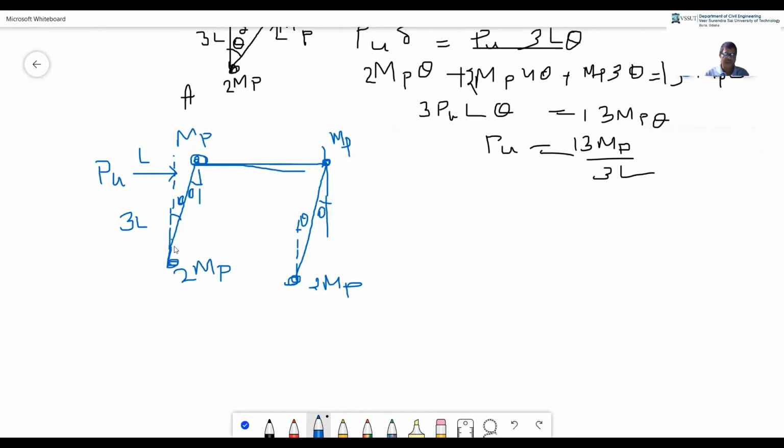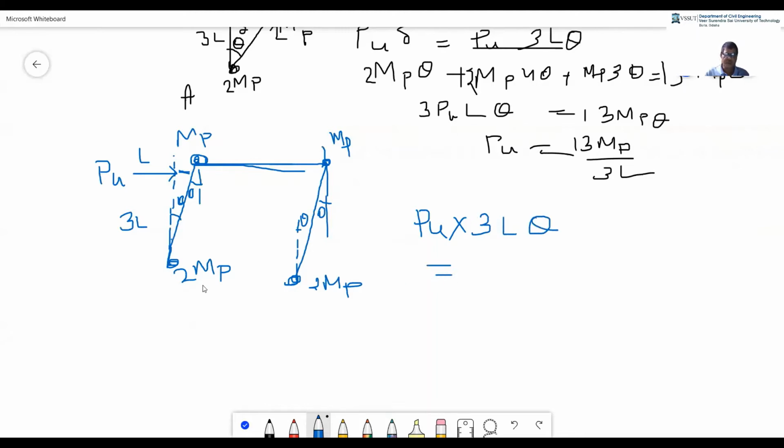So now calculate the value. What will the internal work done be here? The external work done is Pu times delta. What is this value? This value will be equal to 3L into theta, so Pu into 3L into theta. This is the external work.